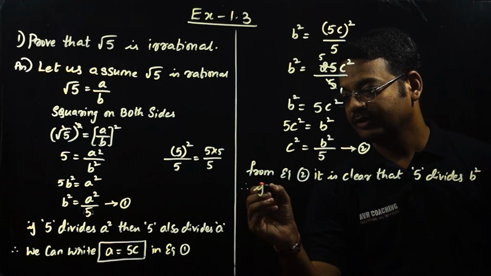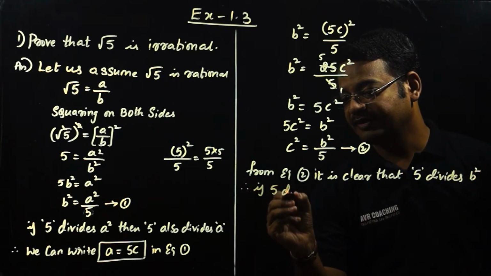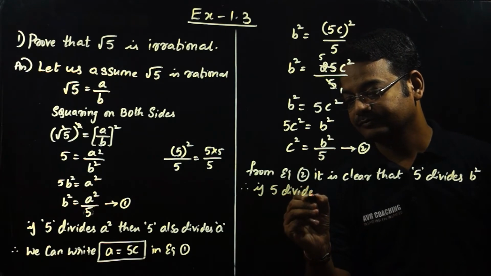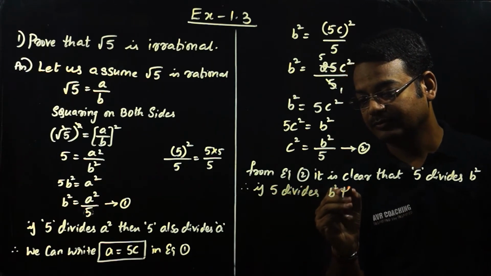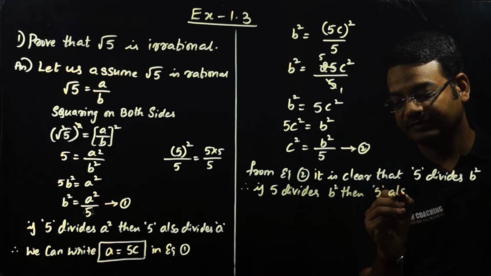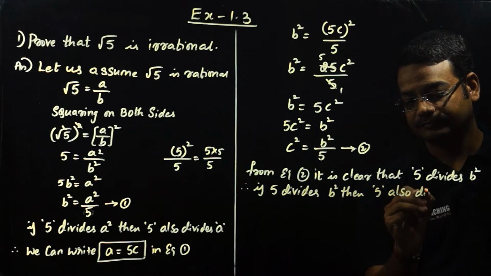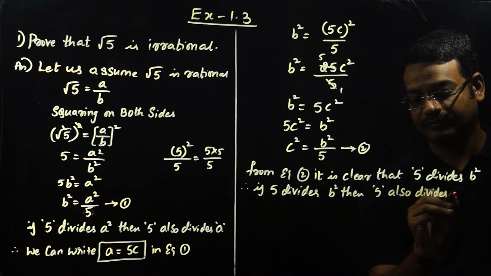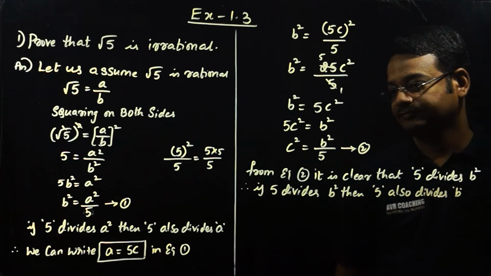Therefore, if 5 divides b square, then 5 also divides b.